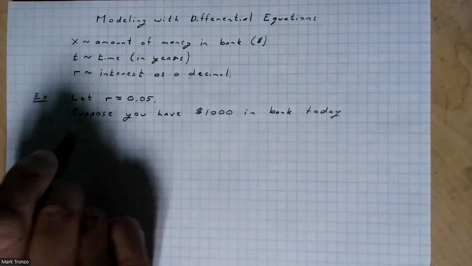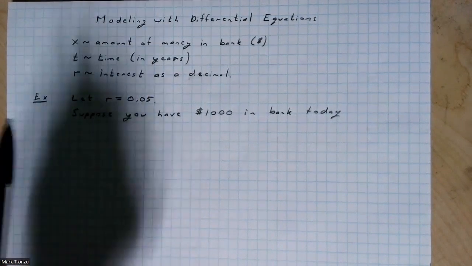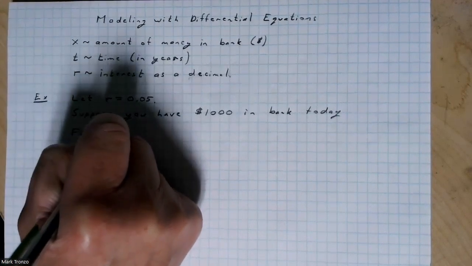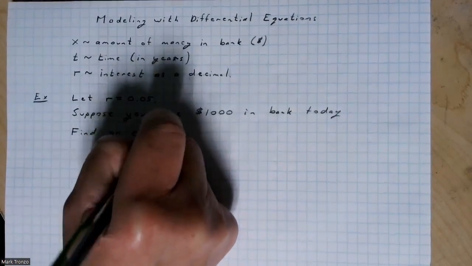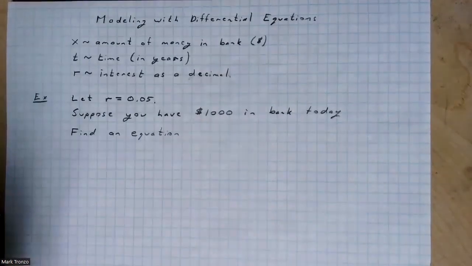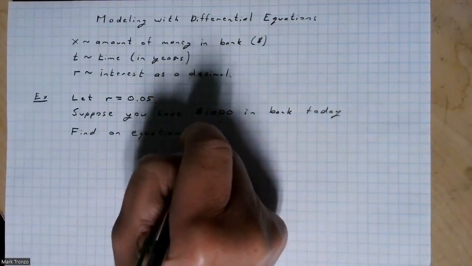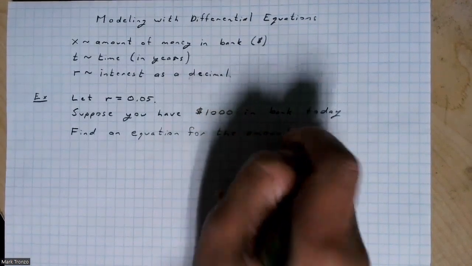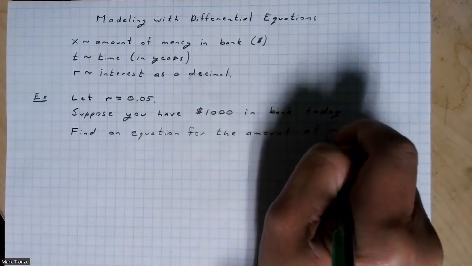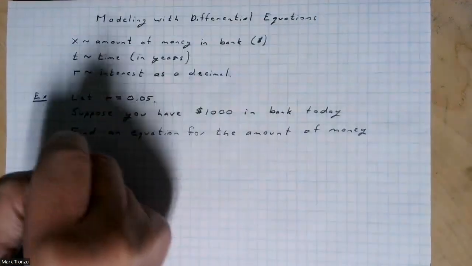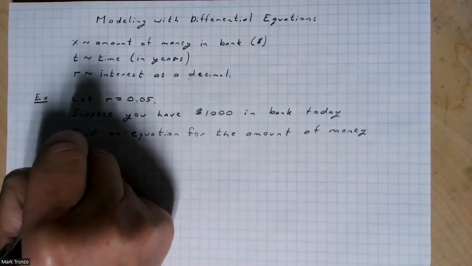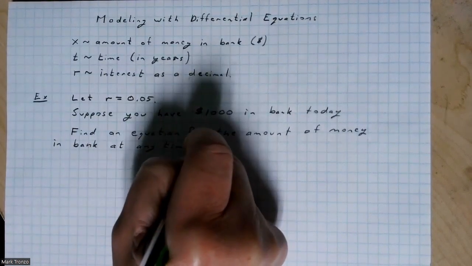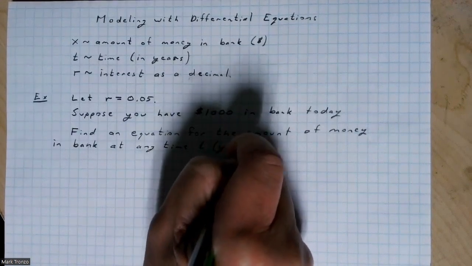And again, we're going to go with T in years. Find an equation for the amount of money in the bank at any time T. Once again, T is going to be in years.